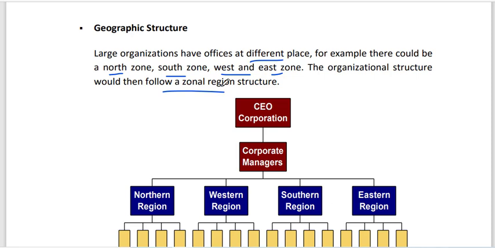We have to divide based on regional, geographic structure, where there are different places. So we have divided railway based on places: Western Railway, Northern Railway, Southern Railway and Eastern Railway. This is called geographic structure. Western Railway has one manager, Northern Railway has one manager, Southern Railway has one manager. So it follows a zonal regional structure. So this is a geographic structure.